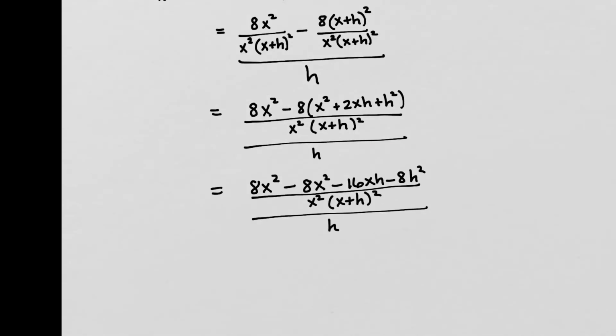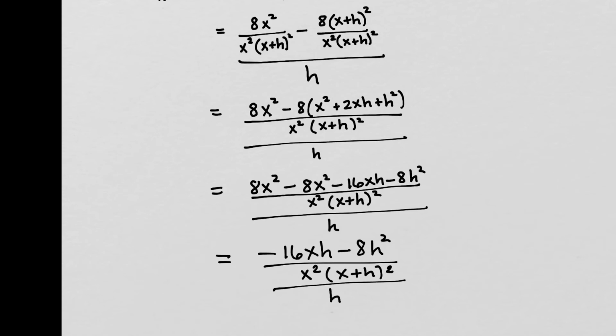And now I have 8x squared minus 8x squared minus 16xh minus 8h squared, and that's all over that common denominator of x squared times x plus h quantity squared all over h. And so I can do my last little combining of like terms, and I get negative 16xh minus 8h squared all over x squared times x plus h squared, and then that's all over h.